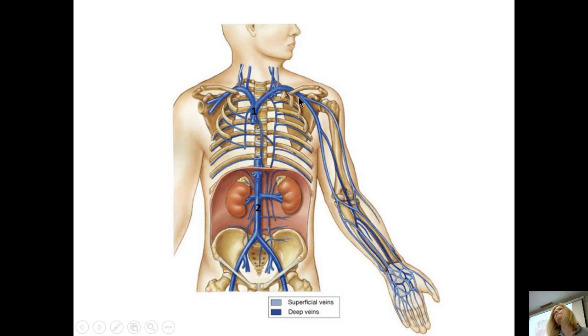The subclavian vein. Sometimes we have what we call central lines in nursing where we give people an IV that we want to put some pretty heavy-duty meds in. So like if someone's having bypass surgery, we'll give them what's called a multi-med line, and they'll insert that in the side of the neck, and the tip of that catheter sometimes is right into that subclavian vein to put that medicine real close to the heart.